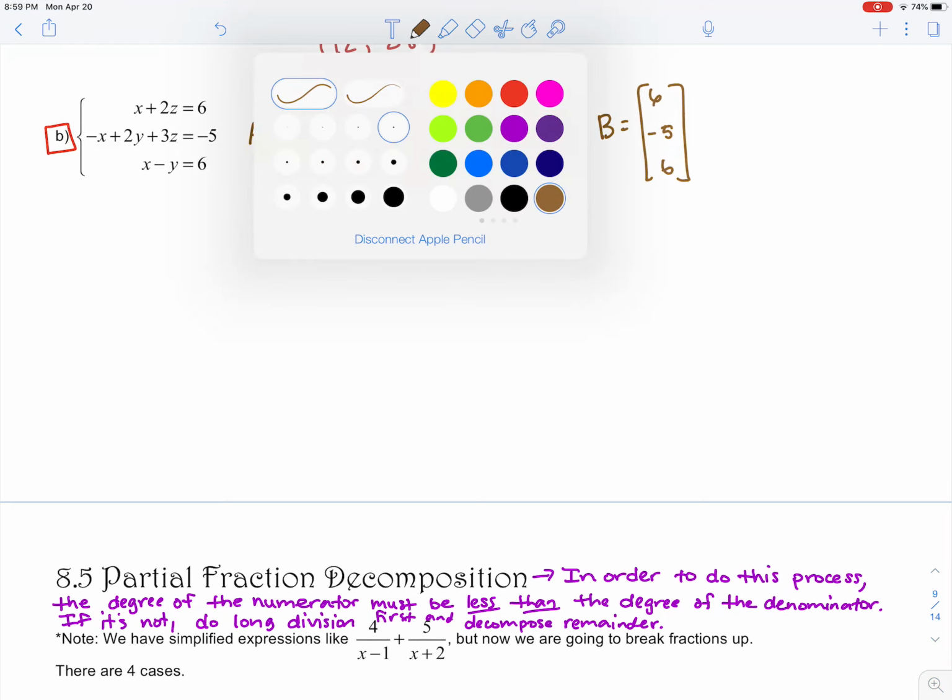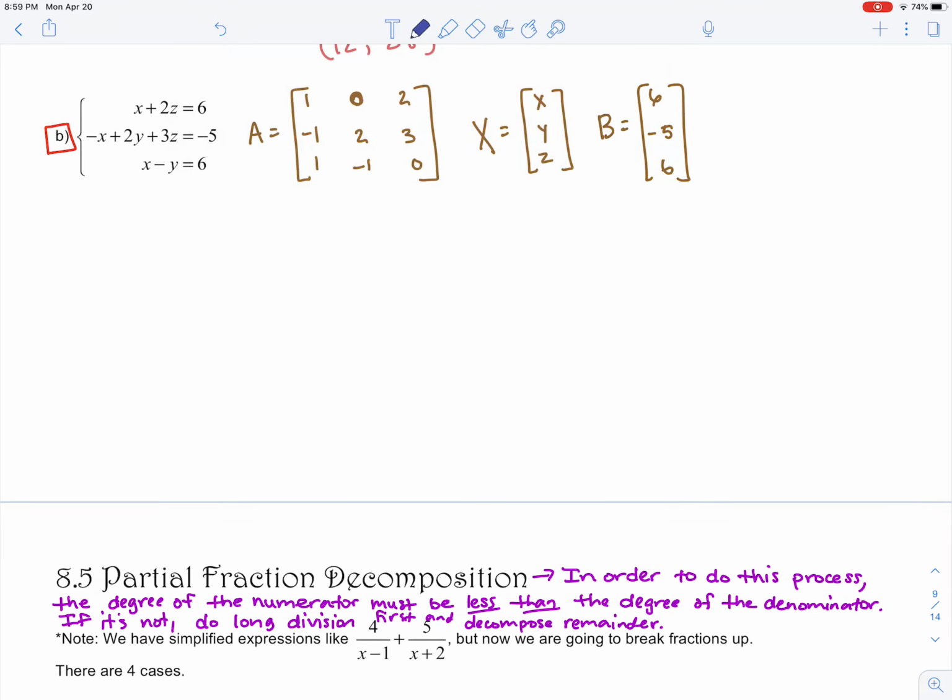So if we multiply A inverse times B, we should be able to solve for X, Y, and Z. So luckily we already found A inverse. So let's write it down. We found it. It's the last thing we did. So A inverse was this matrix here. 3, 3, negative 1, negative 2, negative 2, 1, negative 4, negative 5, 2. So we found this on previous page, in case later you're wondering where that came from.